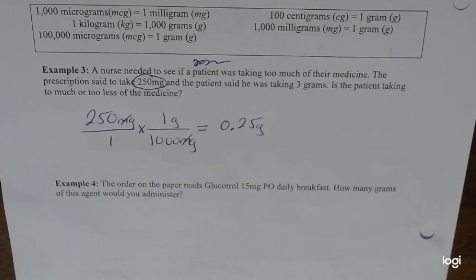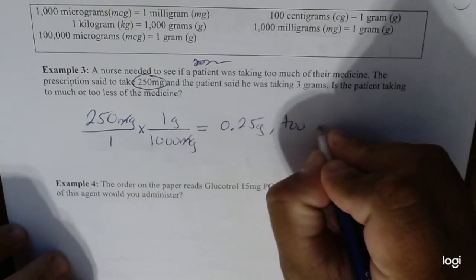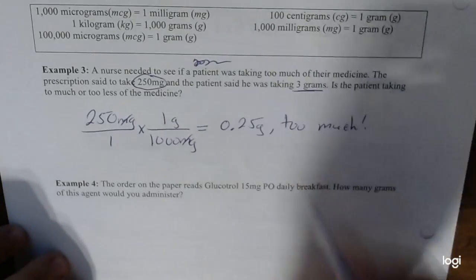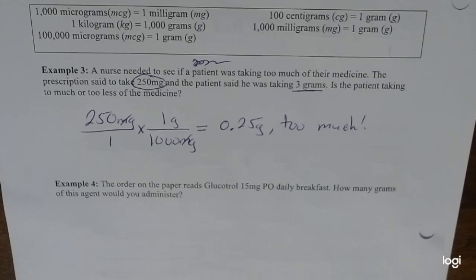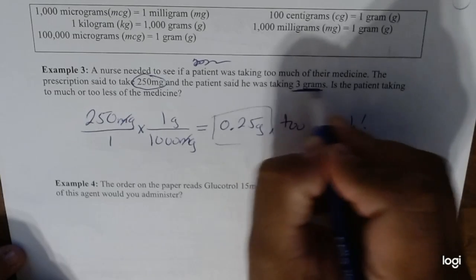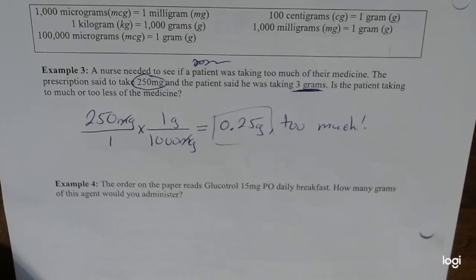So is the patient taking too much or too little? It should be too much, right? Because he's taking 3 grams and he should only be taking 0.25. Way too much, right? Probably going to kill him. So that's how you do that question. All you do is compare: this is what he's supposed to be taking, this is what he says he is taking. That is far too much.